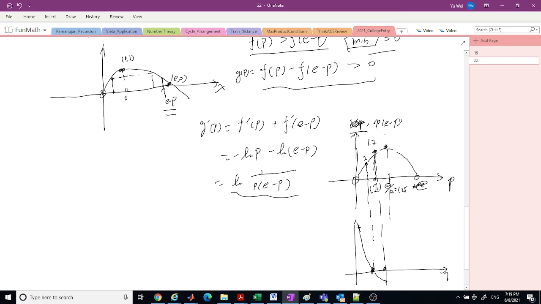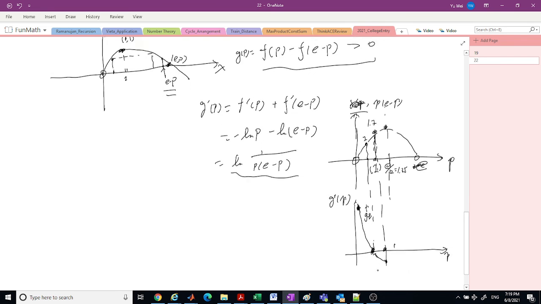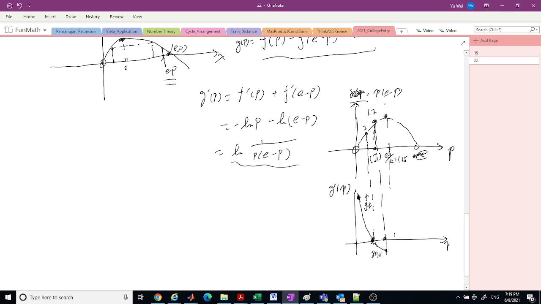This is p equals 1. So this is the derivative of g(p). Then beyond 1, it is negative. So we can see this part, g(p) is increasing. This part, g(p) is decreasing, right?